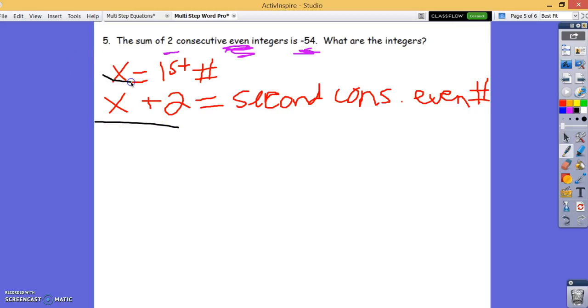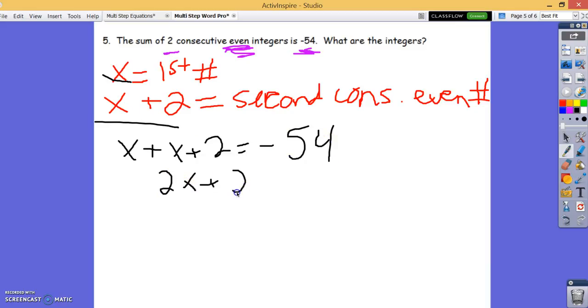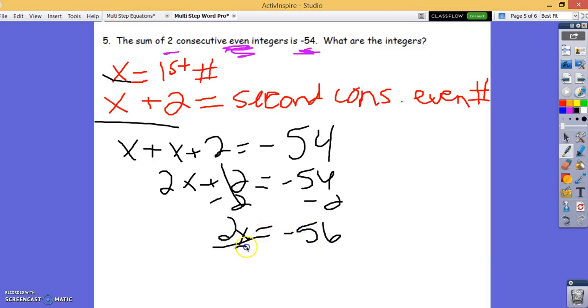So I'm going to add this plus this, x plus x plus 2 equals -54. 2x plus 2 equals -54, and then I'm going to subtract 2 from both sides. 2x equals -56, and then from there what I'm going to do is divide both sides by 2, and I get x equals -28.